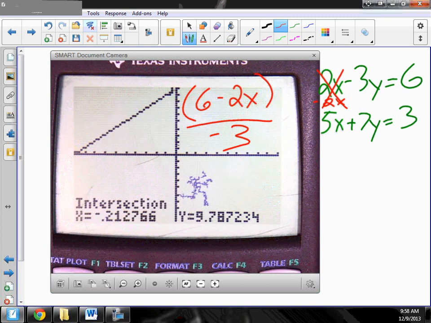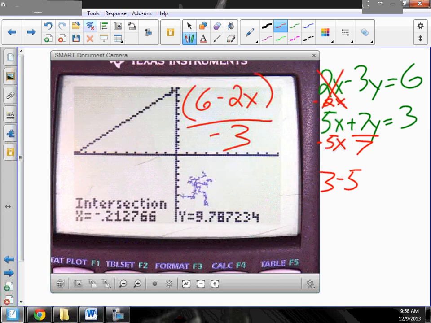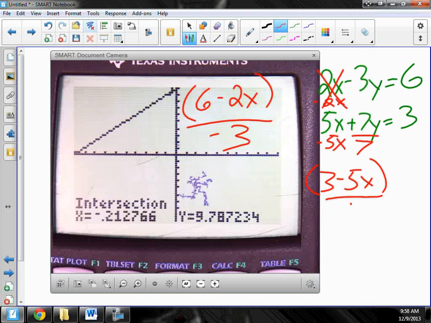You could put it in slope-intercept form, but your calculator doesn't care. As long as you type in an equation that's equivalent to slope-intercept, it's going to graph it. So for the next one, I'm going to subtract 5x and then divide 7. So 3 minus 5x, put that in parentheses, and divide by 7.